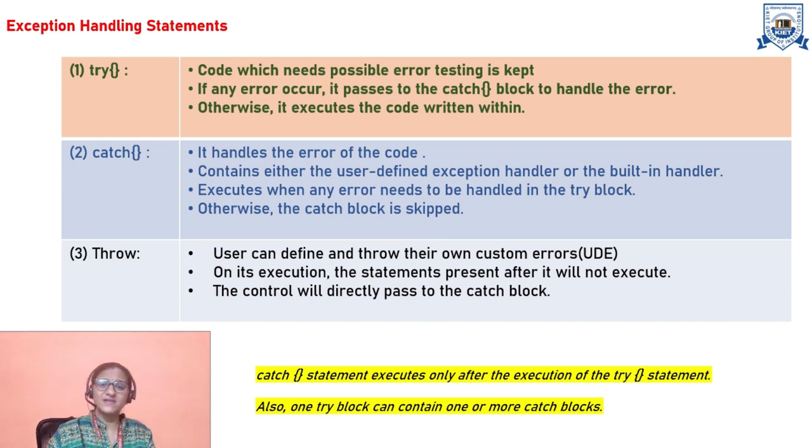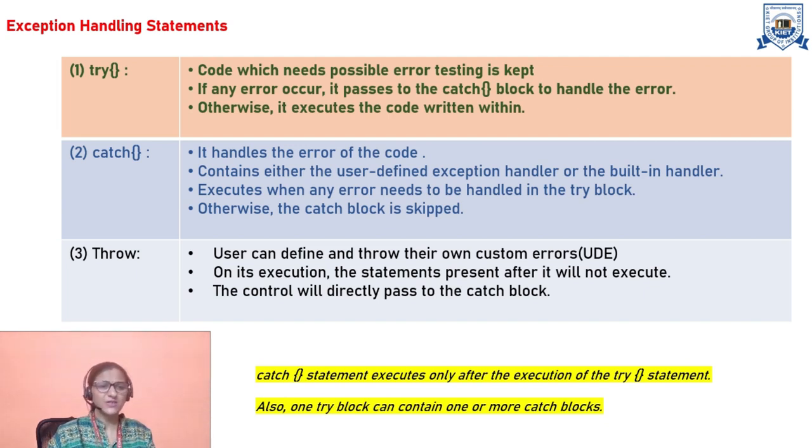Where there may be a chance an error can occur, we keep it inside the try. And if any error occurs, it passes to the catch block, because it is the job of the catch to handle the error.